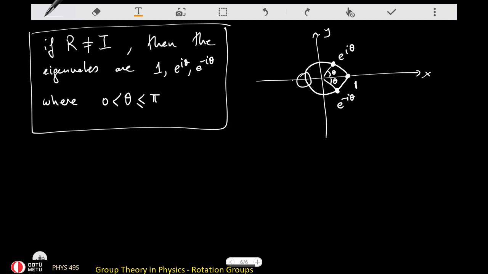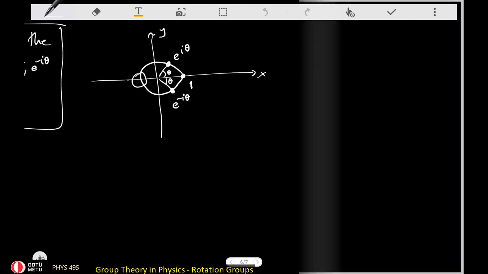What else? Except identity, of course, this eigenvalue is unique. So therefore, there is a unique eigenvector for it. But for identity, of course, we cannot define this eigenvalue uniquely, so all vectors are eigenvectors. In any case, that's the situation if the rotation is different from identity. Sorry about that.